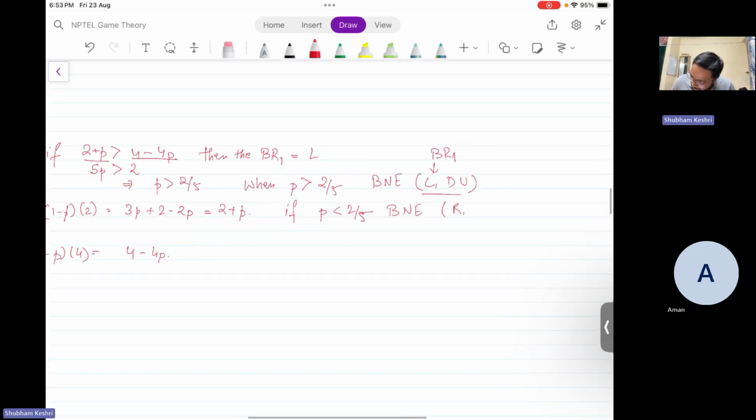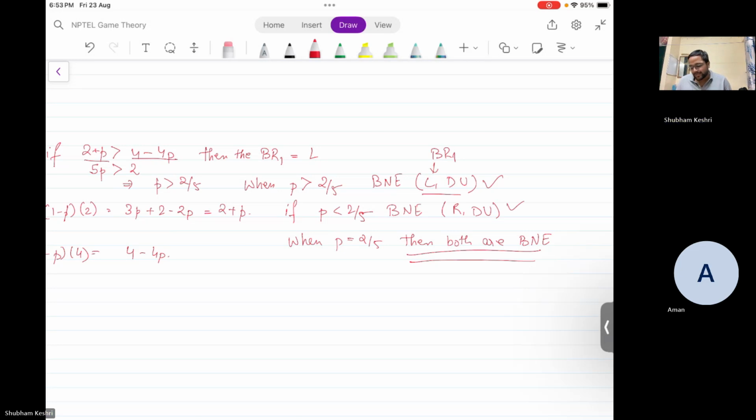So this will be R comma DU. And when P is exactly equal to 2 by 5, both are Bayesian Nash equilibria.